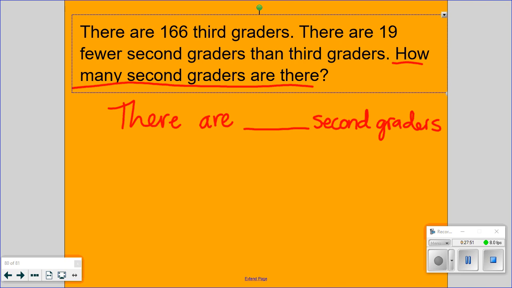It says, how many second graders are there? The answer is, there are blank second graders. I know an answer is going to go in that blank. I just don't know what it is yet. Okay, I'm not ready for the answer. That is like step number 5. We're on step number 2. What is the next thing that I do?